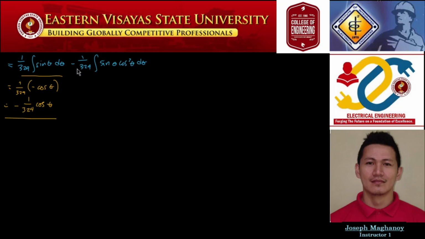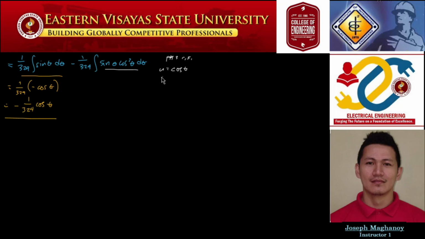Do we have an identity that we can use here? Or maybe we can determine the correction factor of our function. So we can apply property number 3. For the correction factor, you will use our u as cosine theta.